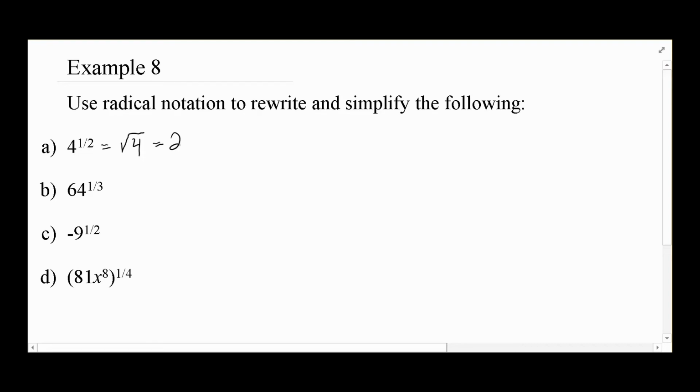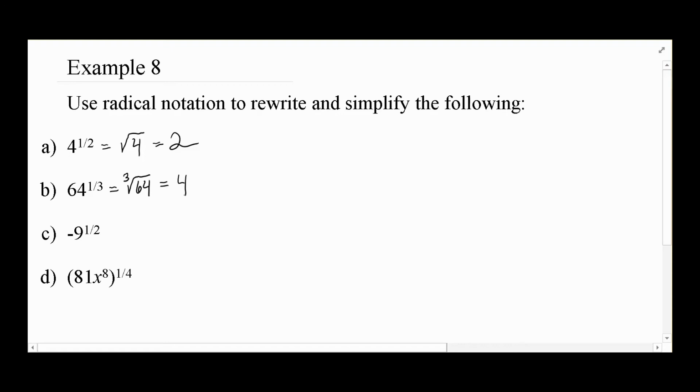Square root of 4 is 2. That's easy. Second example, the 1/3 power. The 1/3 power means cube root. So this problem is asking for the cube root of 64. If you go back to your powers chart, you'll find that that's 4.